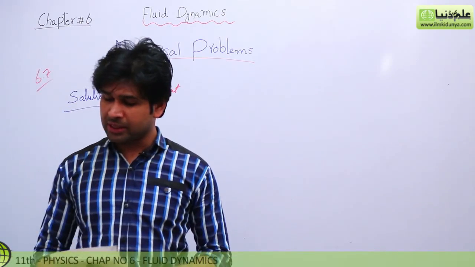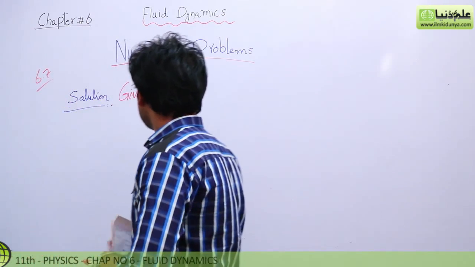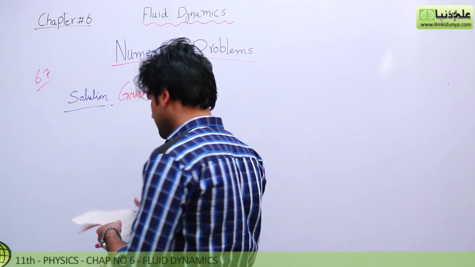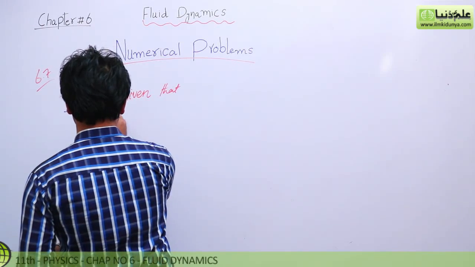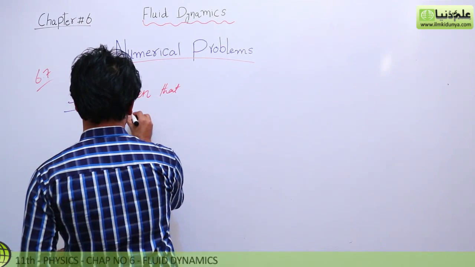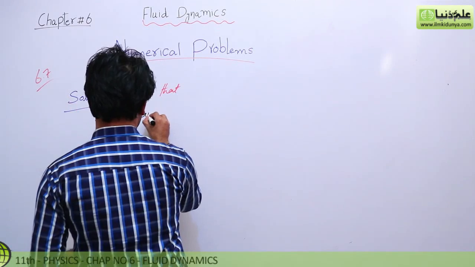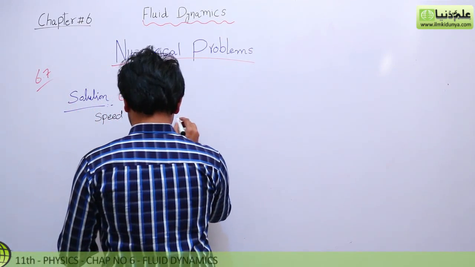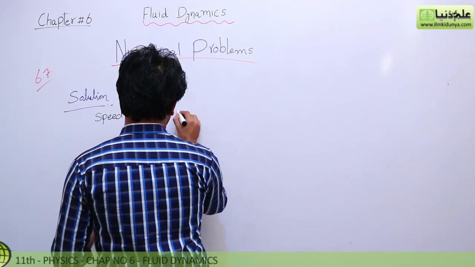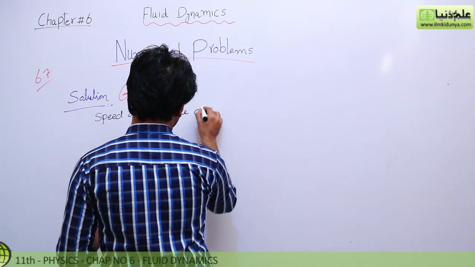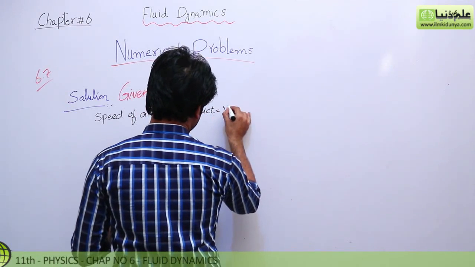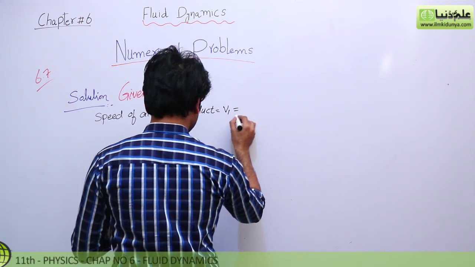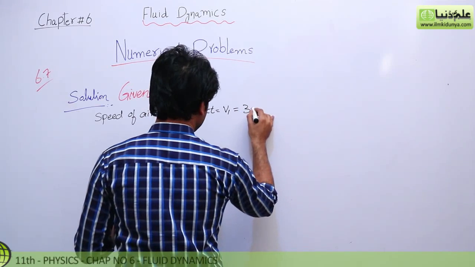Students, here the given data of the numerical problem is as follows. Speed of air in the duct, which can be denoted as V1, is 3 meter per second.